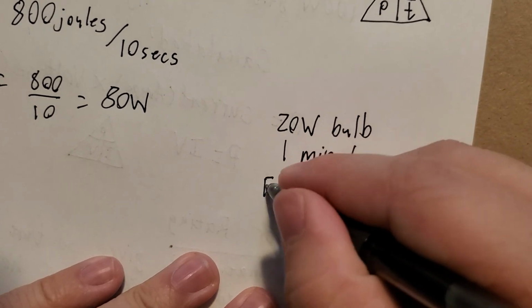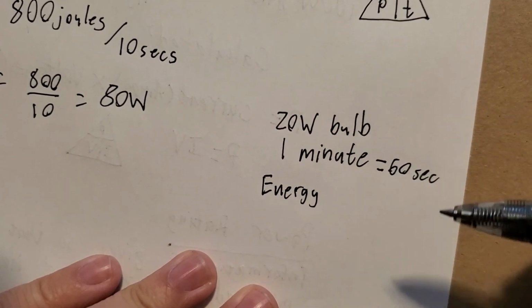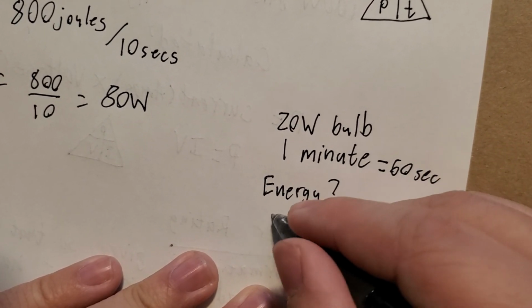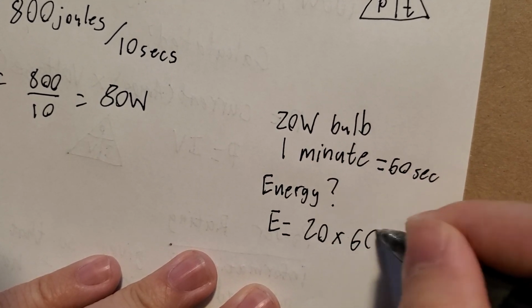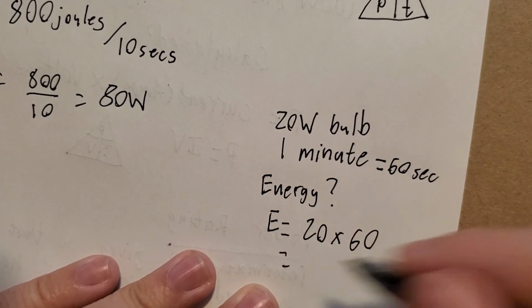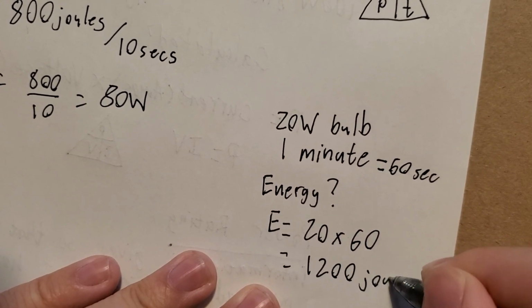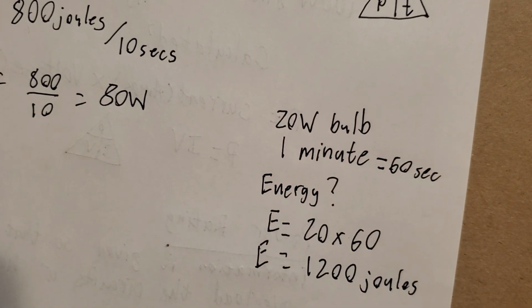How much energy was transferred in that time? Well, in that case, we would do E equals 20 times 60, which is 1200, and this is in joules.